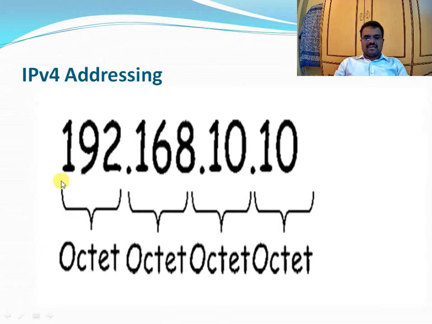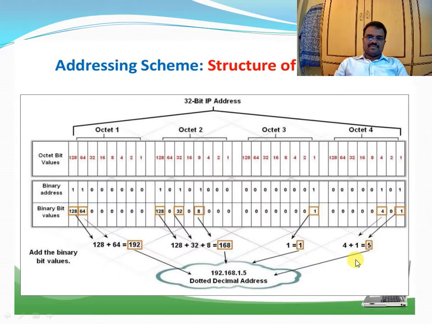This is called an octet. The first number is an octet, this is another octet, and this is another octet. This is the structure of the IP addressing scheme. IPv4 contains a 32-bit IP address with 4 octets, each having 8 bits, so 4 times 8 is 32 bits.